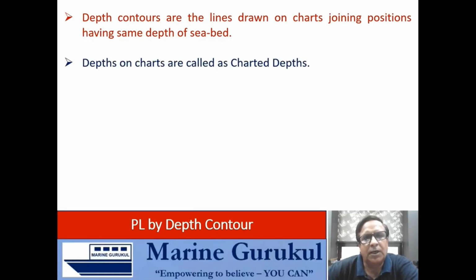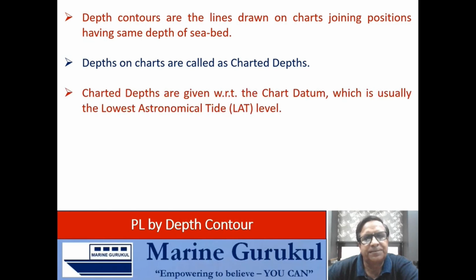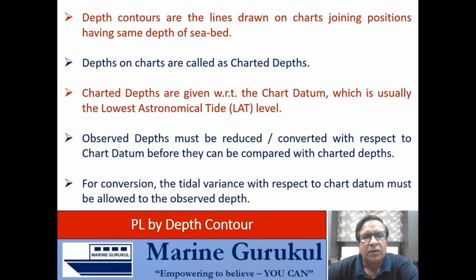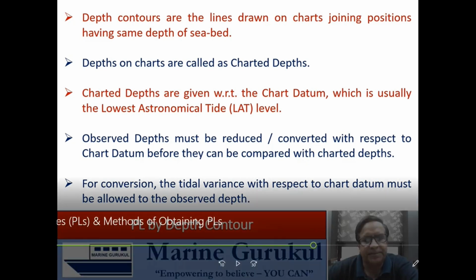Depths on the chart are called charted depths. Charted depths are given with respect to chart datum, which is usually the lowest astronomical tide level. Observed depth must be reduced or converted with respect to chart datum before it can be compared with charted depths. A conversion for the tidal variance with respect to the chart datum must be allowed to the observed depth.